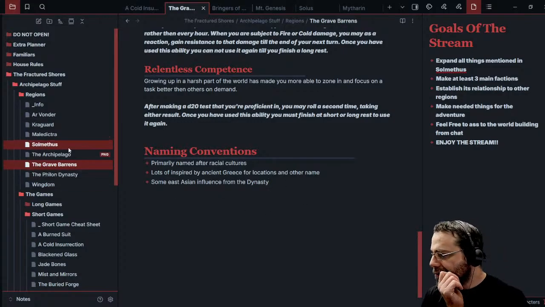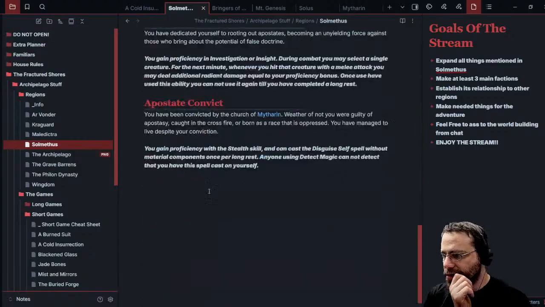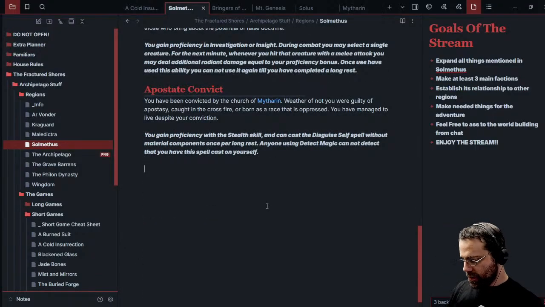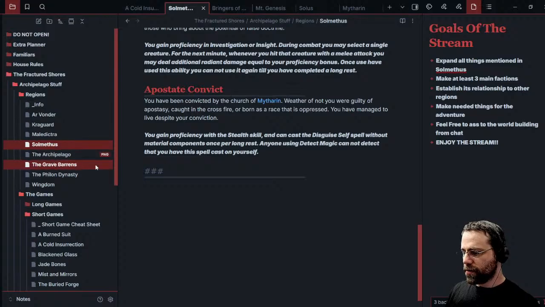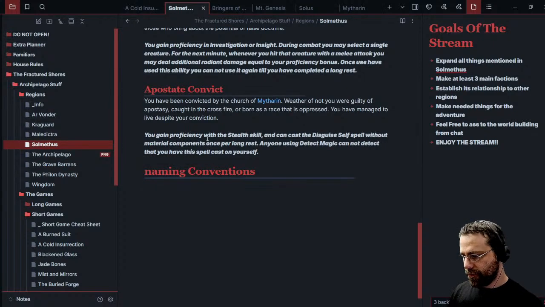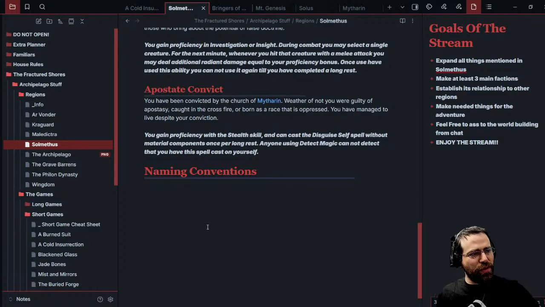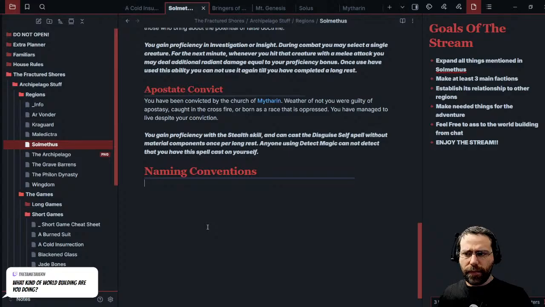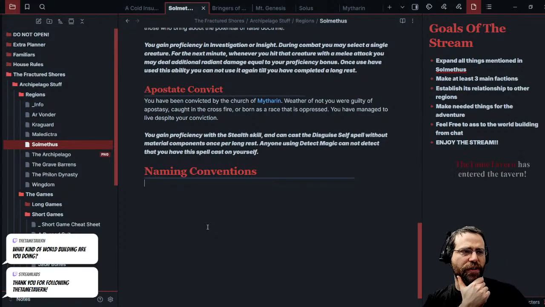Okay, so in that case, Solmethus, so naming conventions. We're gonna put this at the very bottom. Is it 3 or is it 2? It's 2. Do I want 2 different naming conventions? I don't think I do. I don't think I need 2 different naming conventions.